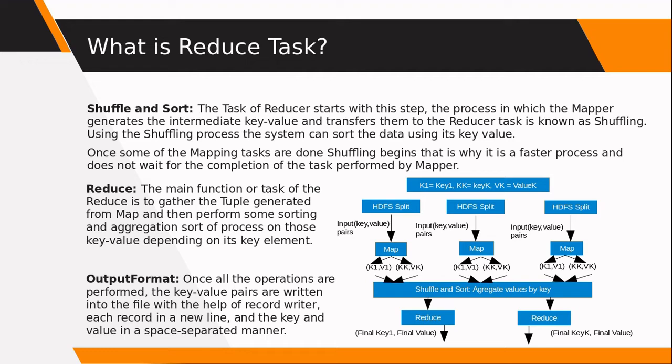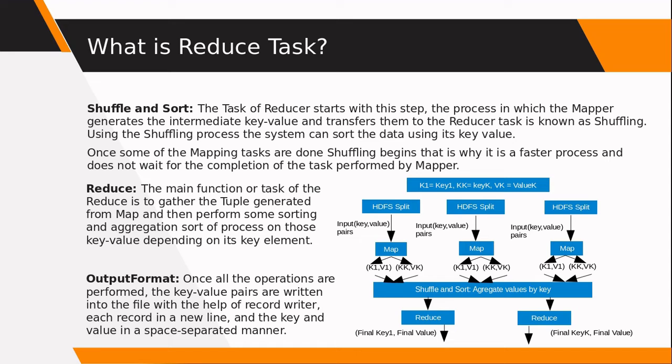Using the shuffling process, the system can sort the data using its key value. Once some of the mapping tasks are done, shuffling begins, that is why it is a faster process and does not wait for the completion of the task performed by the mapper.